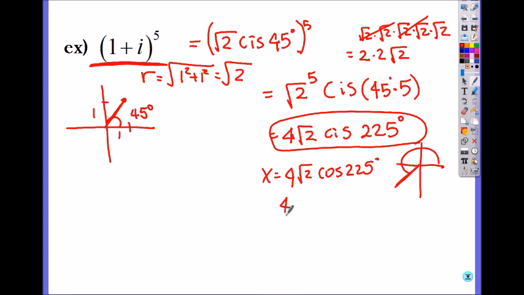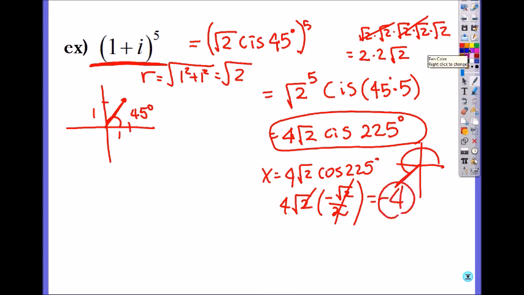So it's 4 root 2. What's cosine of 225 in the third quadrant? Unit circle. But it's negative, right? So you multiply by negative root 2 over 2. So what's root 2 times root 2? 2 divided by 2, they cancel each other. So I get negative 4 for x.